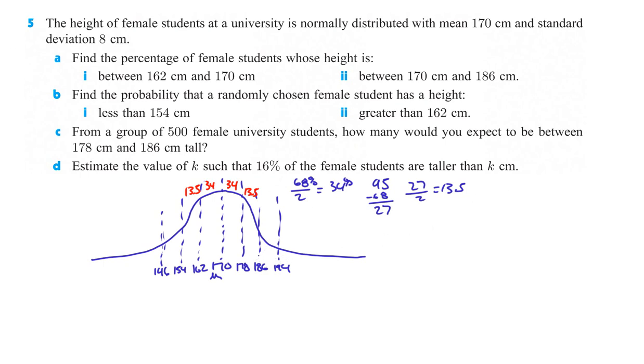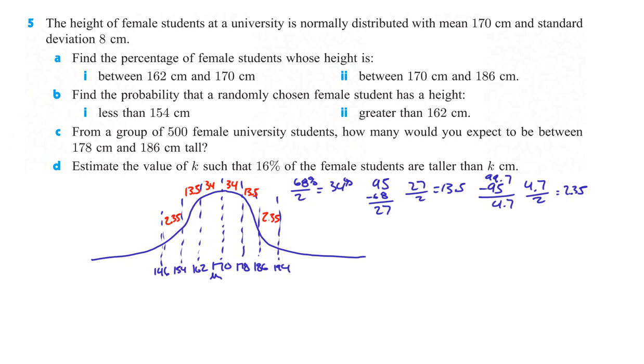So 99.7 minus 95 gives us 4.7. 4.7 divided by 2 is 2.35. So we'll call this 2.35, and this 2.35. Again, it's going to be a little different than what the book has. They've got a little bit different percentages, but we're going to be right in the right neighborhood.